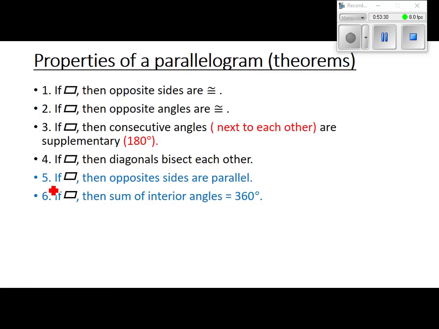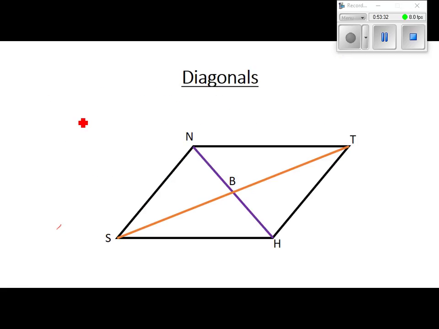Diagonals. These are the diagonals of a parallelogram. Anybody see anything that looks to be true about the diagonals of the parallelogram? Draw this picture. They intersect, that's true. This is the midpoint.